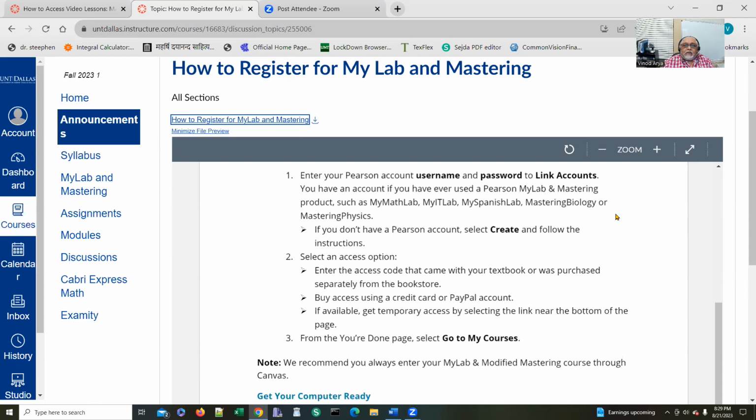I can use Canvas, and I know that all the emails will be going through the school address that belongs to you. So the privacy will automatically be maintained. That's a safer way to do it rather than using your yahoo.com or hotmail.com or any other email address. So that's a good suggestion.